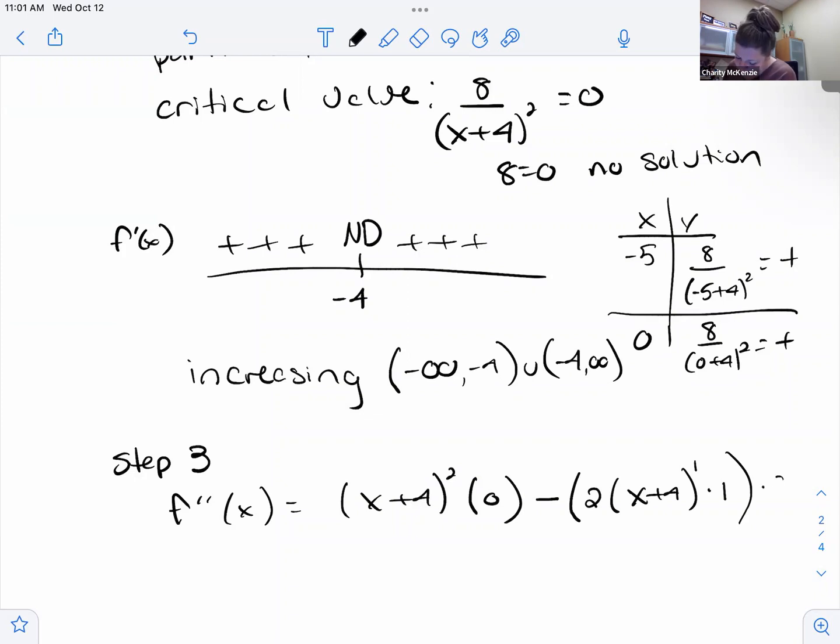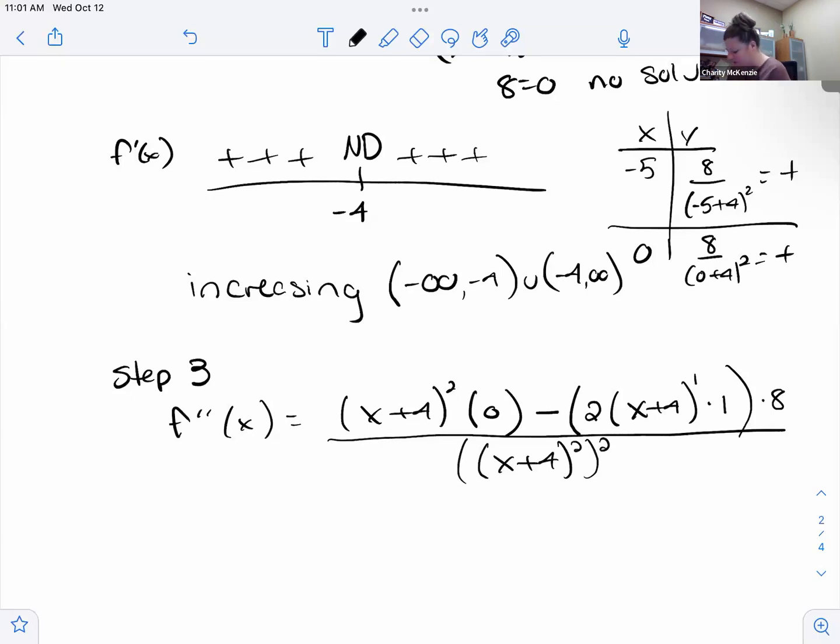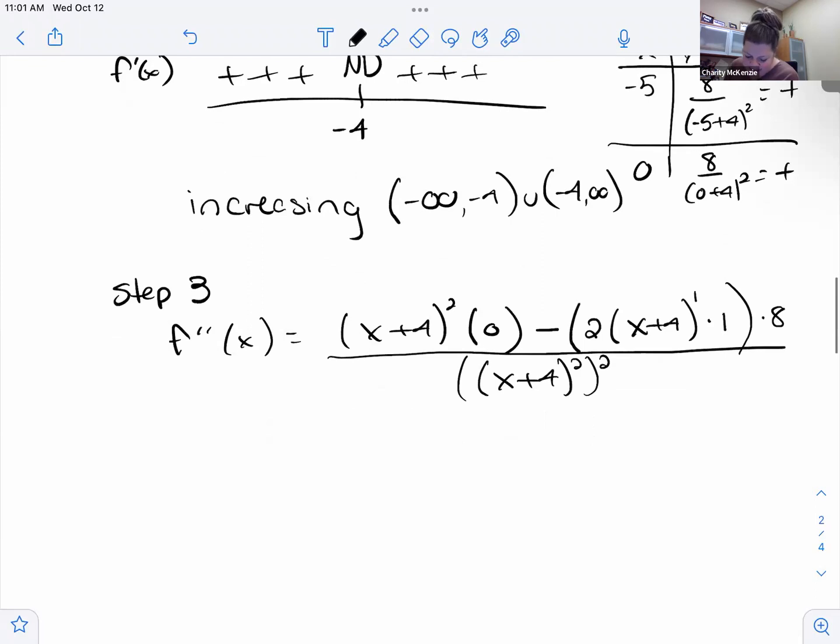I guess I could have written the 8 on the front, but it's okay. And then we're going to square the bottom. Well, the bottom was already squared, so we're squaring a square, which is just a 4. We like this because we get some nice simplification. 0 times anything is 0, so that whole term just disappears.